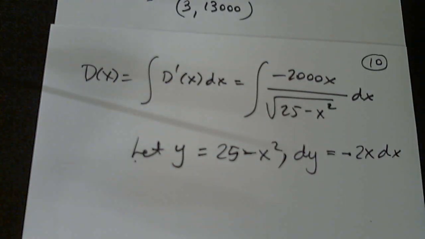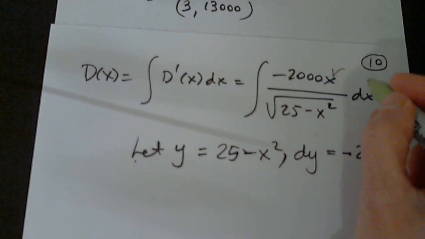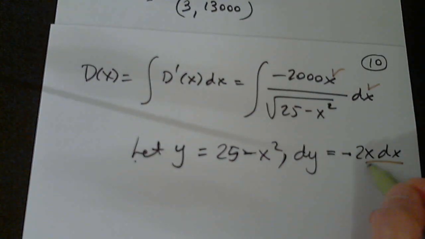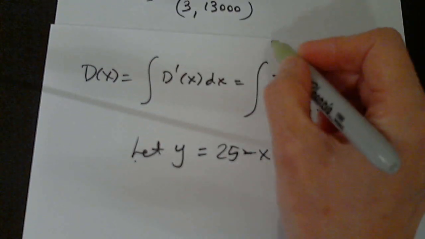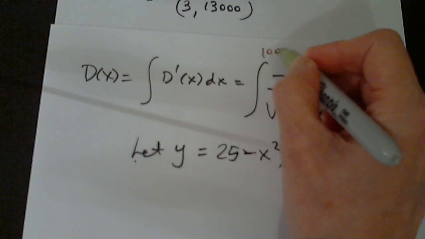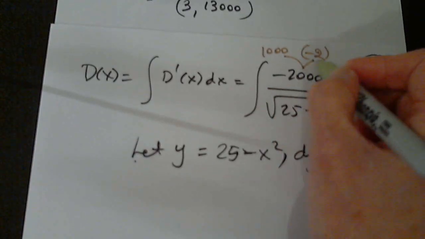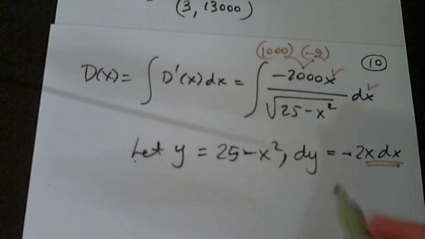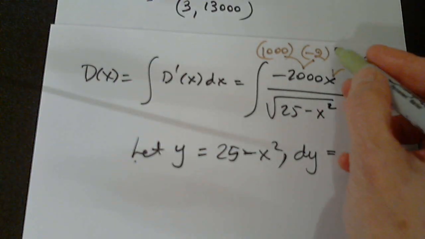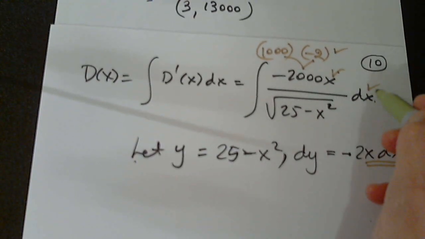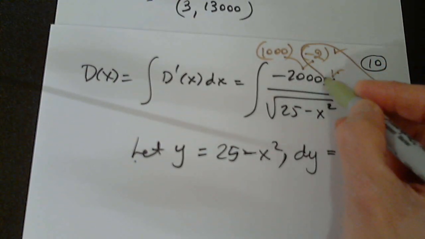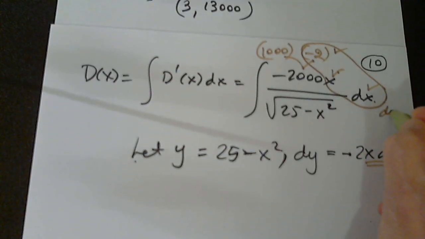Let's see what we have. I have the x and I have the dx. I don't have the negative 2. Well, I can rearrange this into 1,000 and negative 2. And now I have it. I don't have to multiply and divide. So I have this, I have this, I have this. These make up the dy.